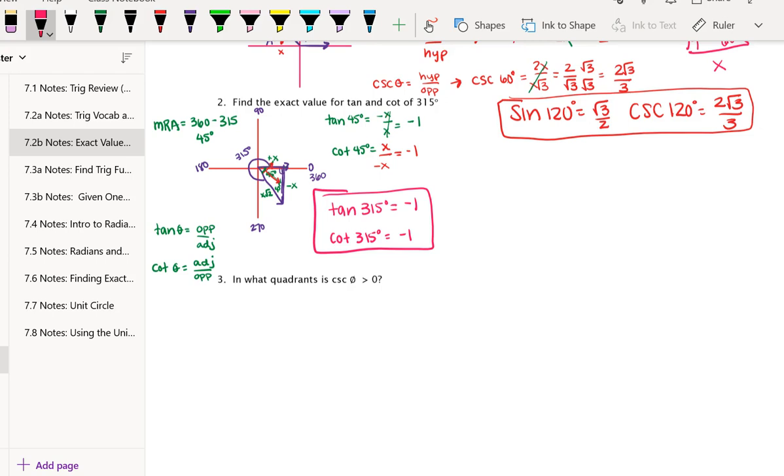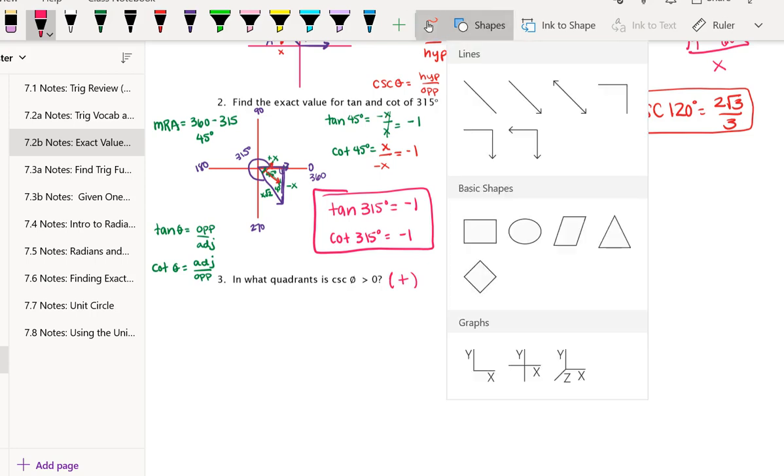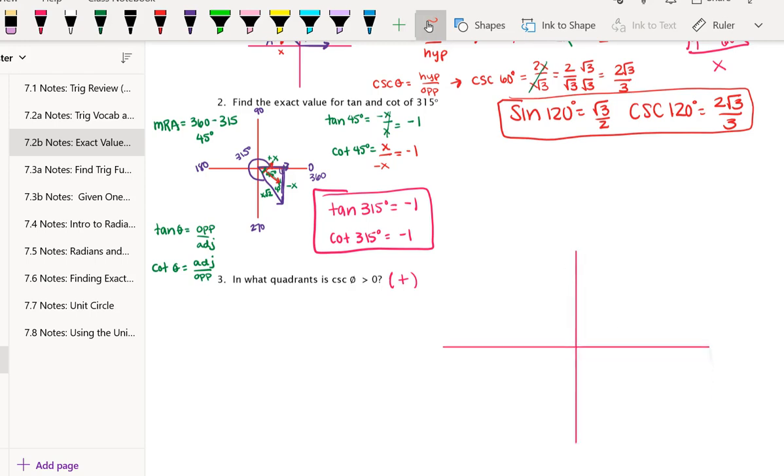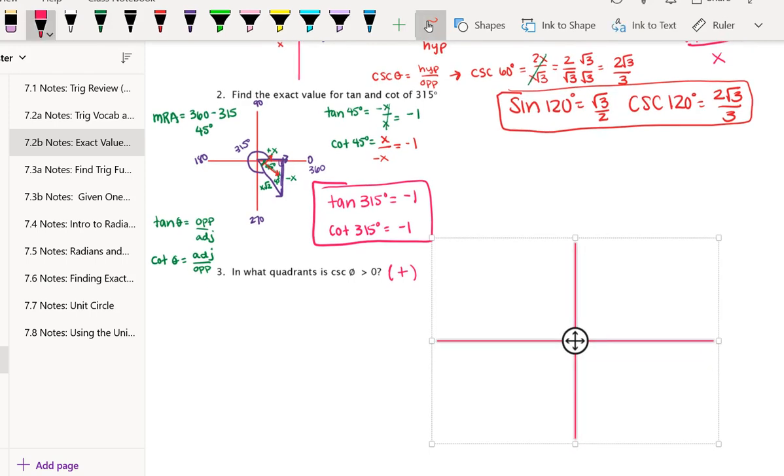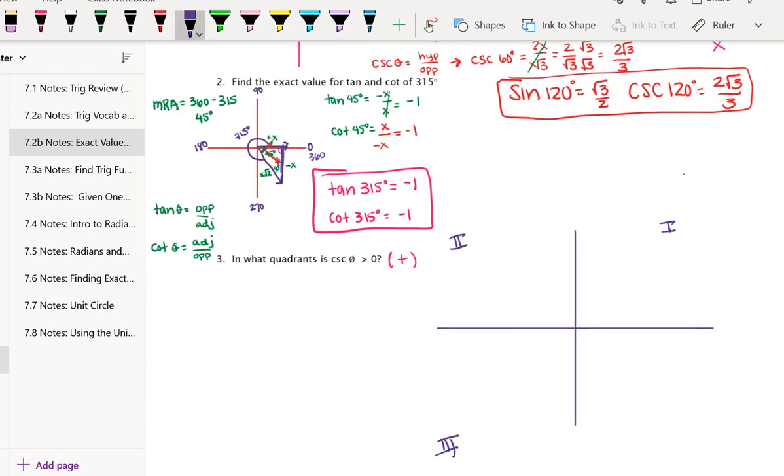That's just another way of saying positive. So I'm going to draw in another grid over here. We have the 4 quadrants: quadrant 1, quadrant 2, quadrant 3, and quadrant 4.